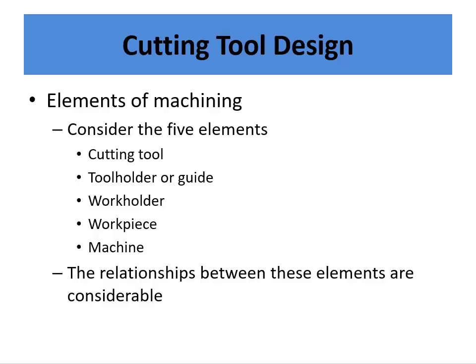Okay, so the elements of machining. So your book will talk about the 5 elements of machining, and that's your cutting tool, your tool holder, your work holder, your workpiece, and your machine. And if you think about it, and we've talked about this already in some detail, but when you're doing machining, the interrelationship between all these things, there's a lot going on.